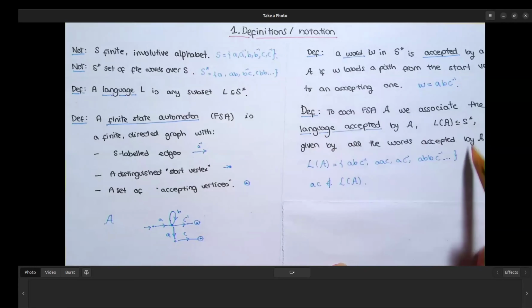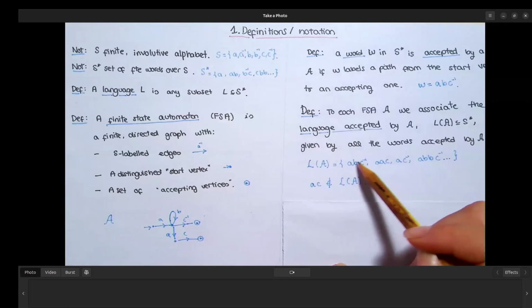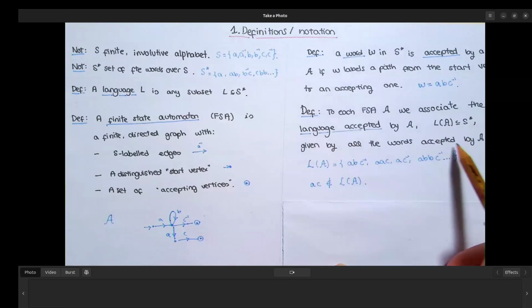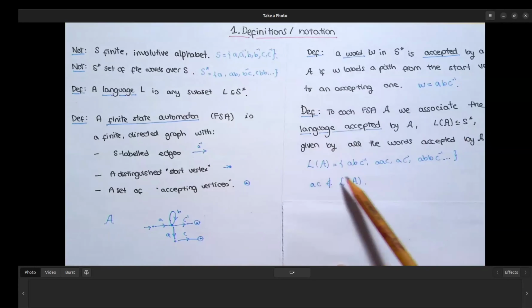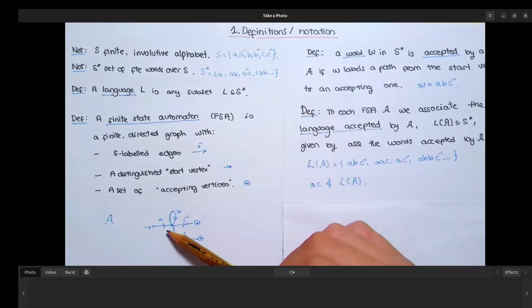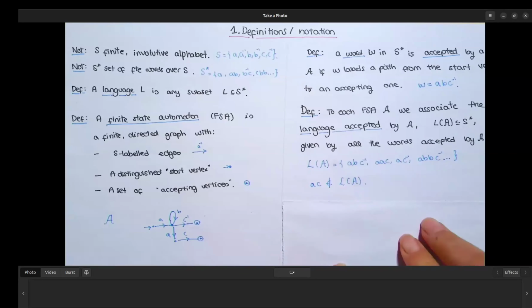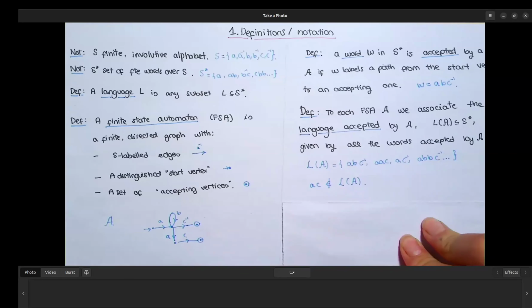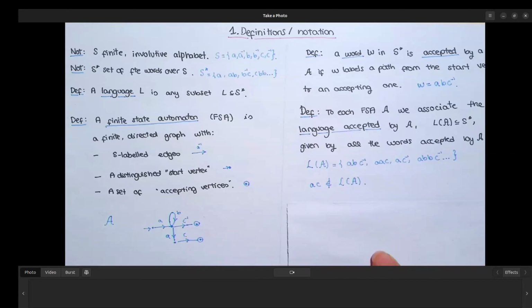We denote it by L of A, and it's just given by all of the words accepted by the automaton. This automaton in the example accepts the words A, B, and C inverse, AAC, AC inverse, AB, BC inverse, etc. And an example of a word not in this language is the word AC.